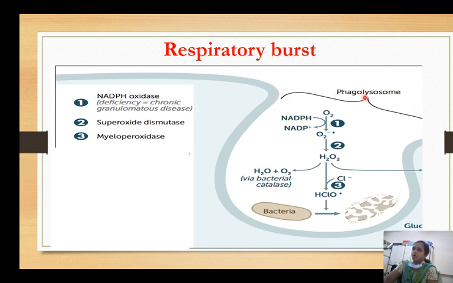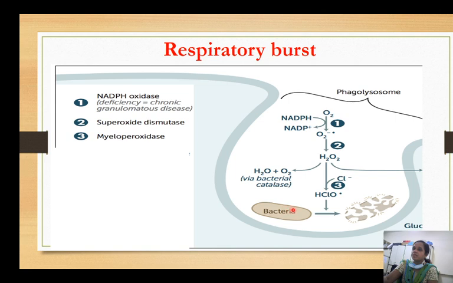Now, the oxygen that is present will react in the presence of NADPH oxidase to form an oxide ion. This oxide ion in the presence of superoxide dismutase will form hydrogen peroxide. This hydrogen peroxide will combine with the chloride ion in the presence of myeloperoxidase to form hypochlorite. The hypochlorite is a potent oxidant and that will cause lysis of the bacterial membrane.